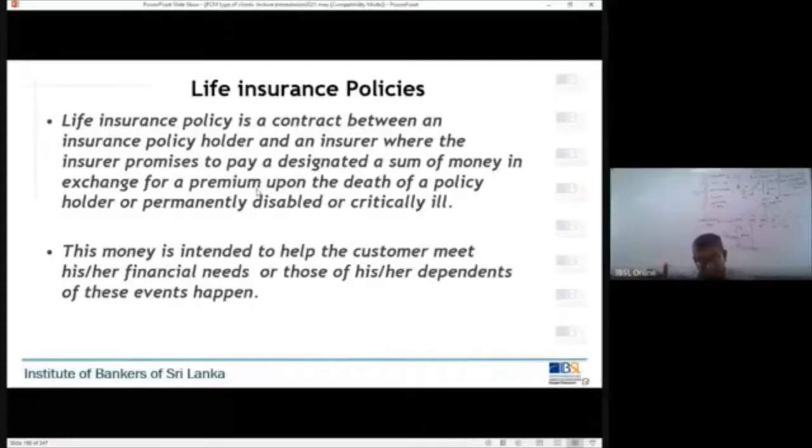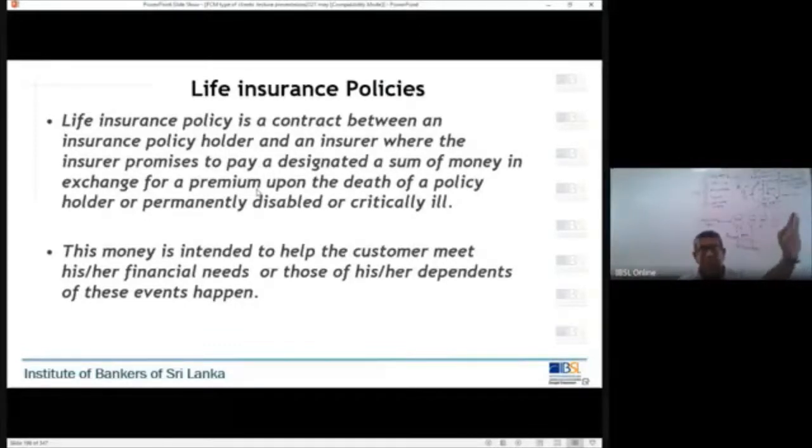If you make regular payments to the insurer, they guarantee you some designated amount, maybe 1 lakh or 2 lakh, if something happens to your life: death of the policy holder, permanent disability, or critical illness. You have to prove it is a critical illness.